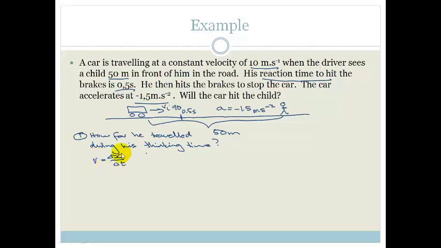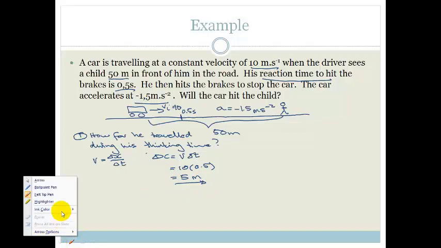Remember I said to you the only time you can use this equation is when we're going at a constant velocity, which we're doing now. So therefore delta x is equal to v delta t. So we've got that his velocity is 10, and the time is 0.5, which means he's already traveled 5 meters during his reaction time.